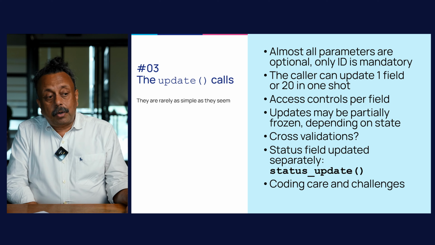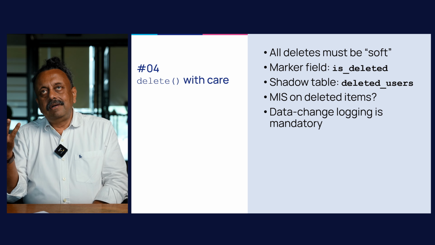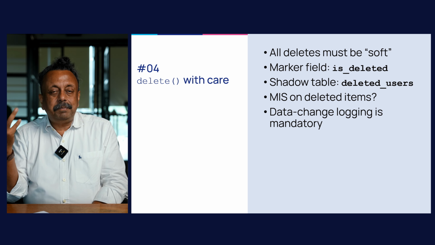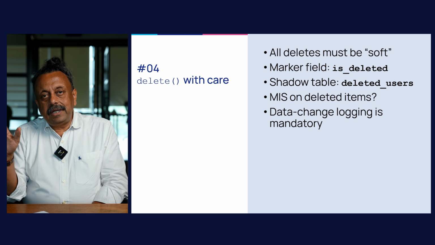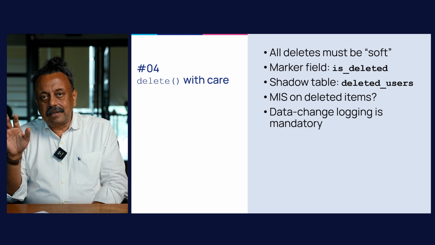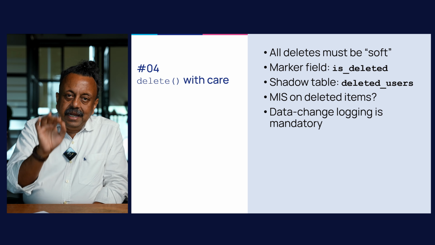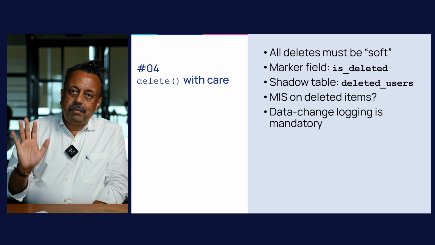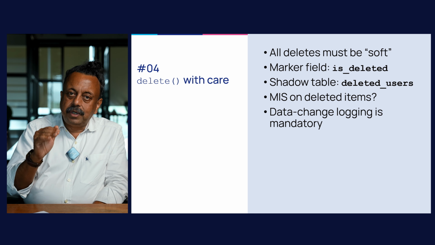So this is about update calls. The next call, which is again very common, a very common member of the set of typical calls, is the delete call. We follow a rule that no deletes are hard deletes. In applications we build, we never physically delete a record from a table in the SQL database if the web service call is trying to do a delete.